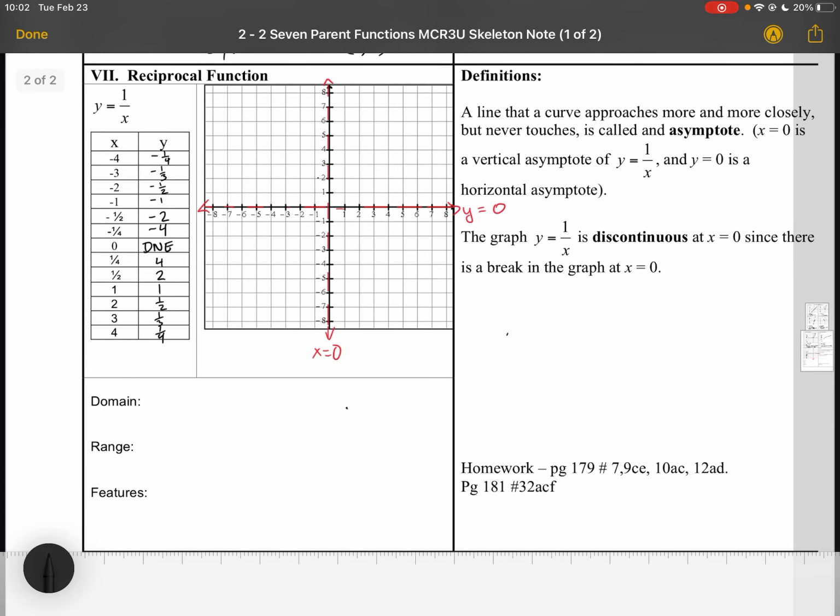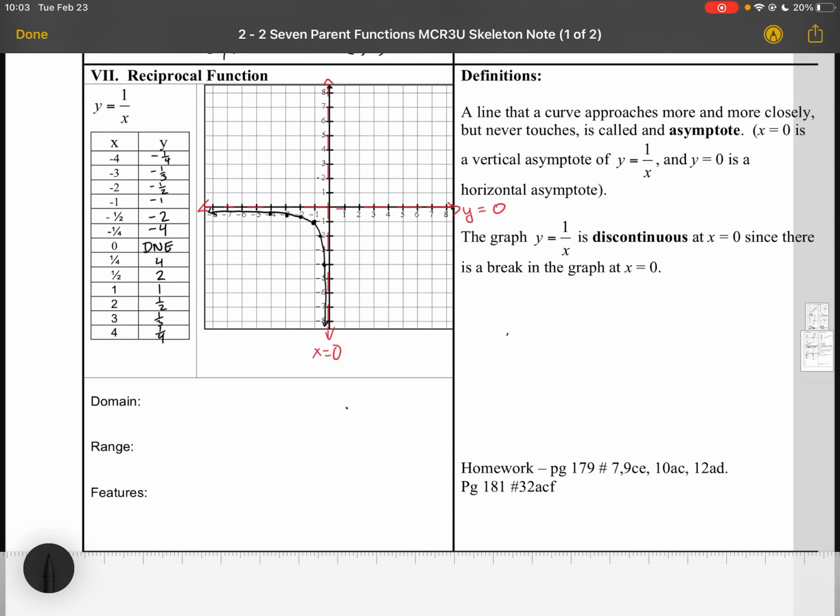Okay, so minus 4 and minus 1/4 is just going to be underneath the x-axis. Minus 3, 1/3, minus 2, 1/2, minus 1 and 1. And then I've got minus 1/2 and minus 2, and then minus 1/4 and minus 4. And so what I can see is that these points are going to go down closer and closer to the y-axis, approaching 0.